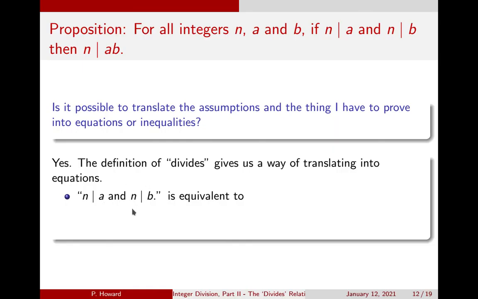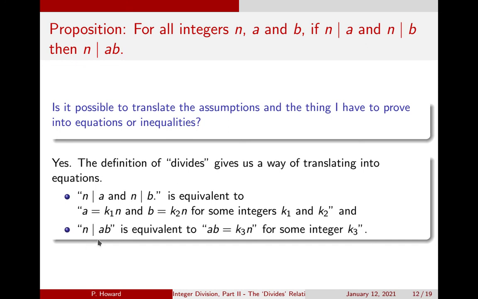So n divides a and n divides b is equivalent to, according to the definition of the divides relation, a is k1 times n, and b is k2 times n, for some integers k1 and k2. And the thing we have to prove, n divides a times b, using the definition of the divides relation, is equivalent to a times b is k3 times n for some integer k3.